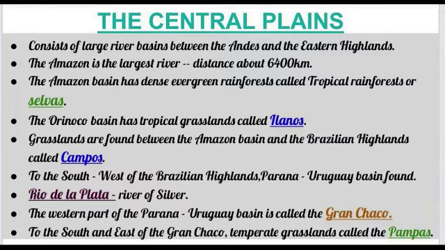And the last one is, to the south and east of Gran Chaco, there are temperate grasslands called the Pampas. Temperate grasslands are characterized as having grasses as the dominant vegetation. That means trees and large shrubs are absent here.